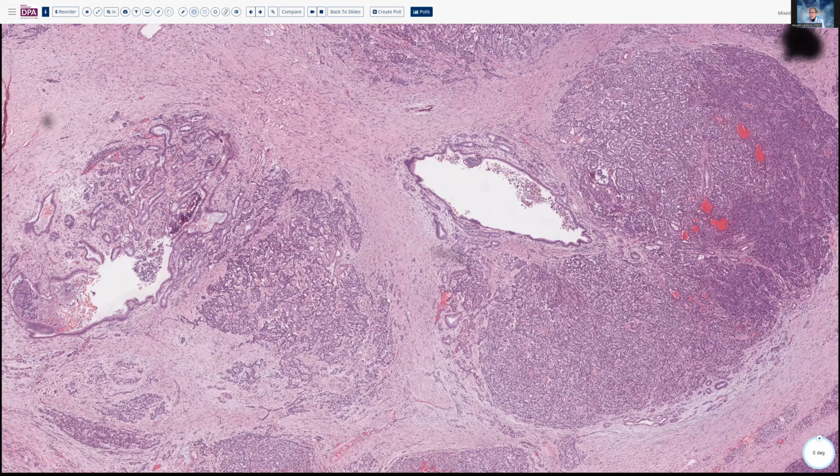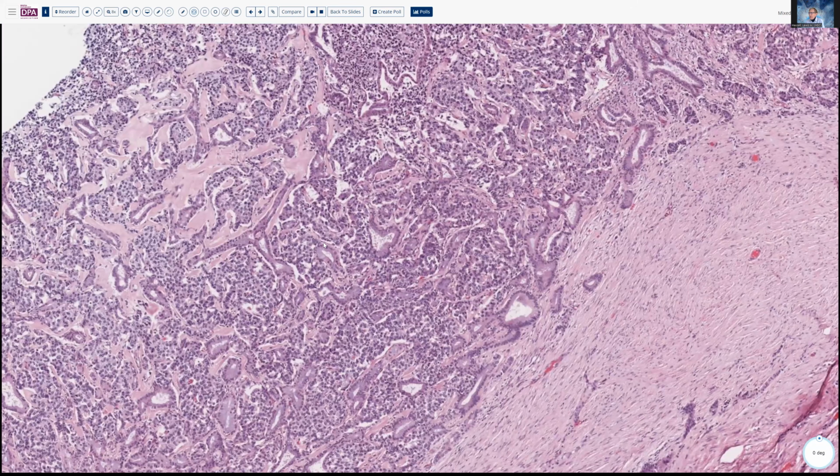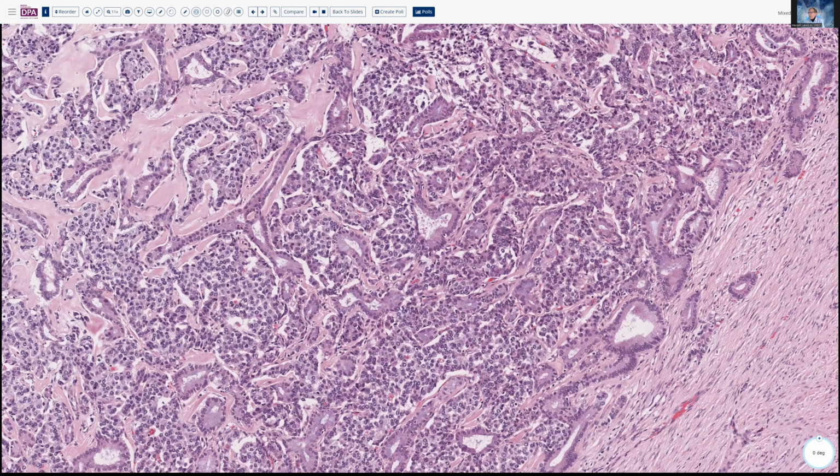Here again, we see in this area more of the combination of elements. And here we see, again, a very well differentiated glandular component, with this kind of sclerosis that sometimes we see in neuroendocrine tumors, especially things like insulinomas that may have outright amyloid formation and so forth. But the two components seem to be quite intimately mixed together.